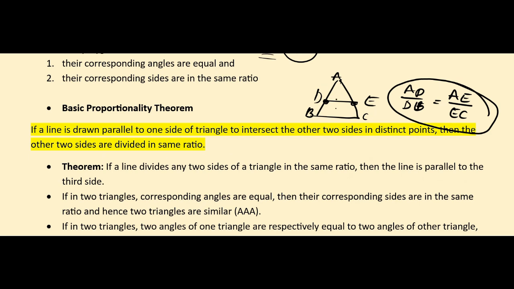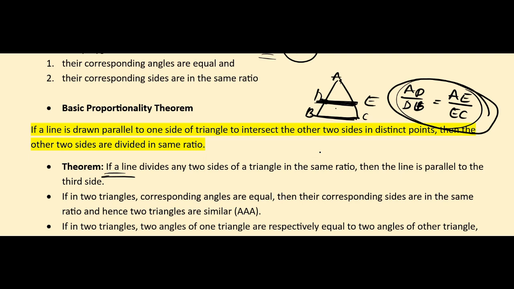So if this line DE divides the two sides AB and AC in the same ratio, that is, AD divided by DB is equal to AE divided by EC, then this line will be parallel to the third side, that is BC. This is nothing but the converse of the basic proportionality theorem.